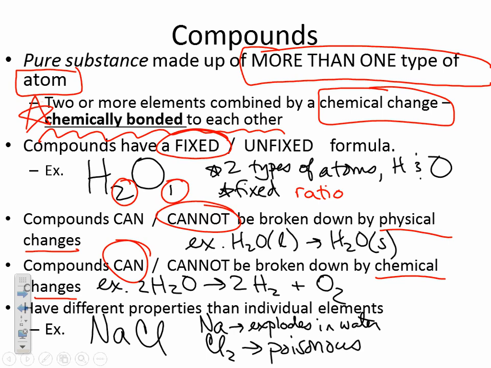You might put chlorine in your pool to kill things. Like, chlorine is a poison. But when you combine them into a formula, into NaCl, you get something that is so safe, so not toxic at all, that you put it on your food and you ingest it all the time. And it's just sitting out on your table at home. So the properties of a compound are totally different from the properties of the elements that go into it.